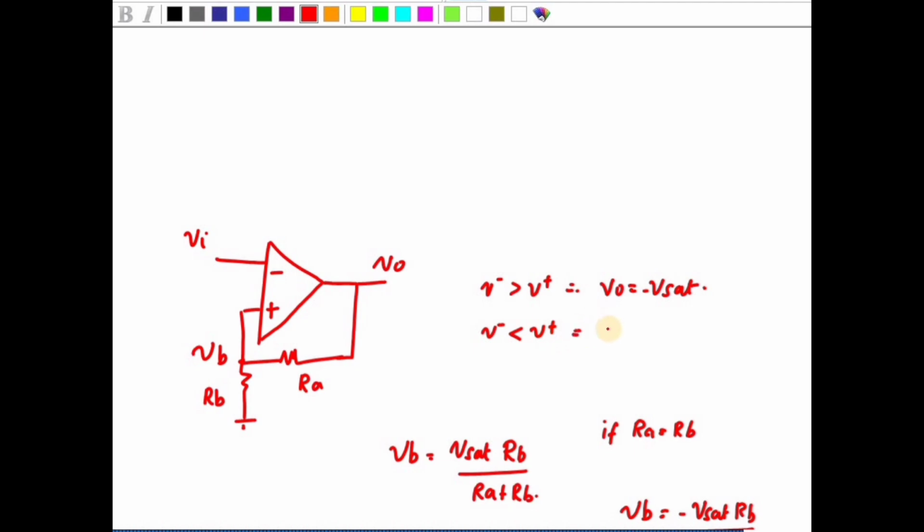If V plus is greater than V minus, then V naught is equal to V saturation.